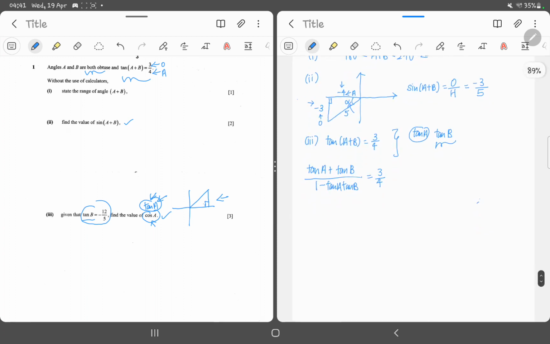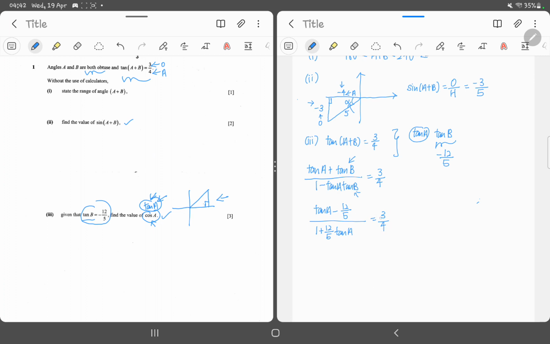So now I know what tangent B is, given in the question, which is minus 12 over 5. I can substitute this over here, and that will give me tangent A minus 12 over 5 over 1 plus 12 over 5 tangent A equals 3 over 4.